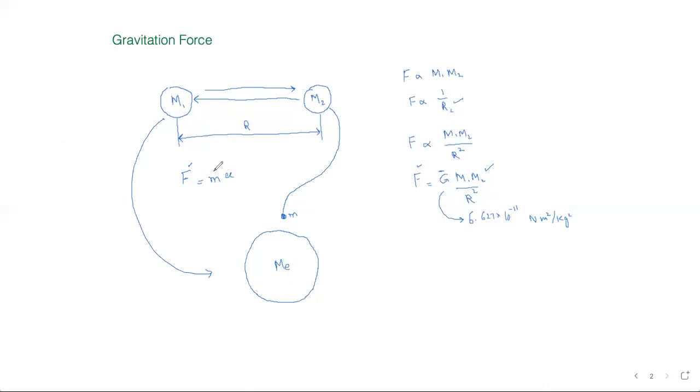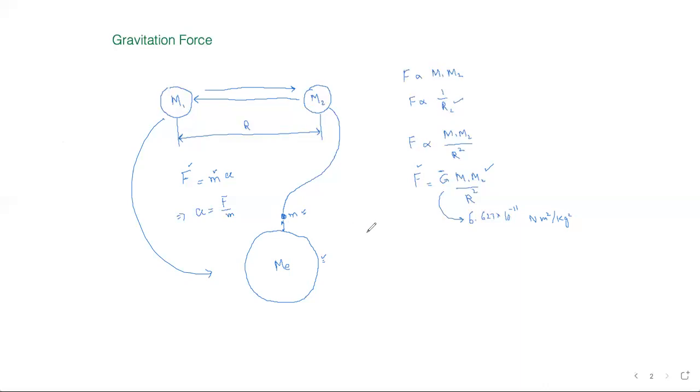We know that acceleration is inversely proportional to the mass, meaning that the force between these two objects is the same on each other, but the acceleration of the smaller mass will be bigger than the acceleration of the bigger mass. So that is why in this case the smaller mass will move towards the bigger mass.